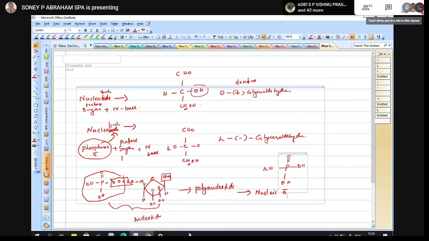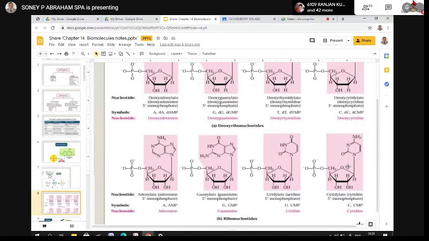These are the cases in DNA. These are the cases in RNA. Now here there was one OH group. Here you can see first position, it is attached with the base. Fifth position, it is attached with the phosphoric acid group.